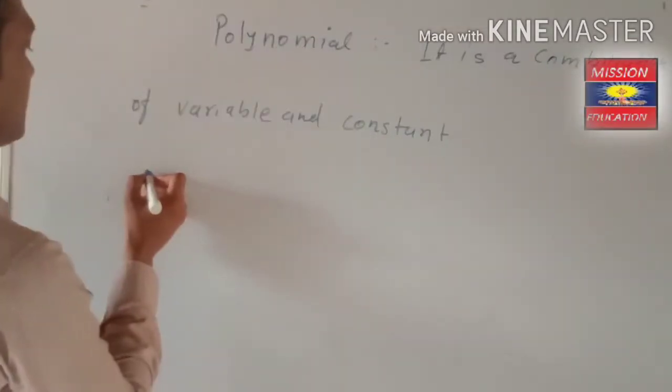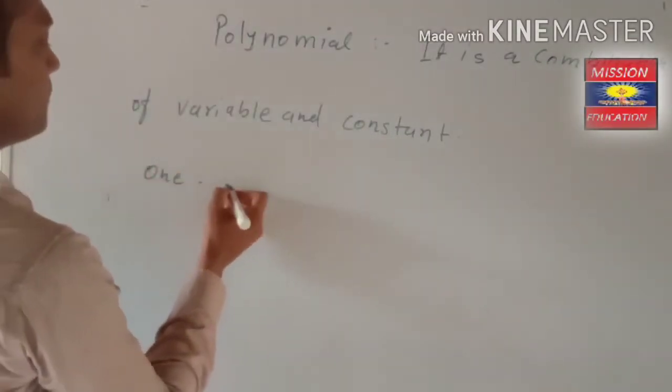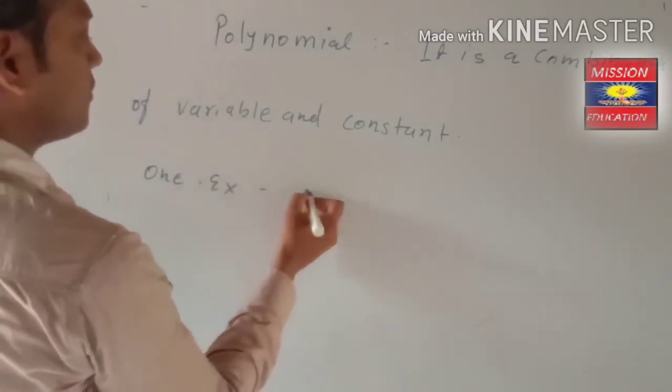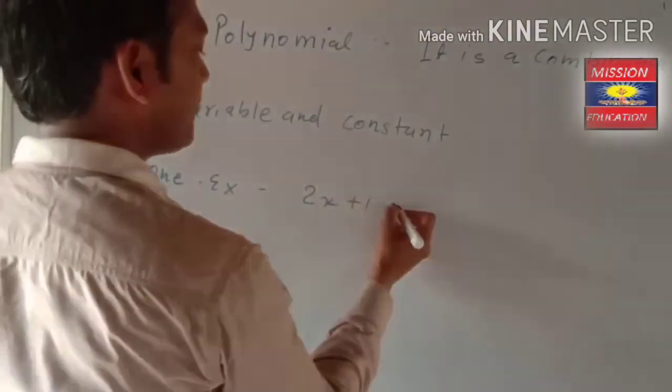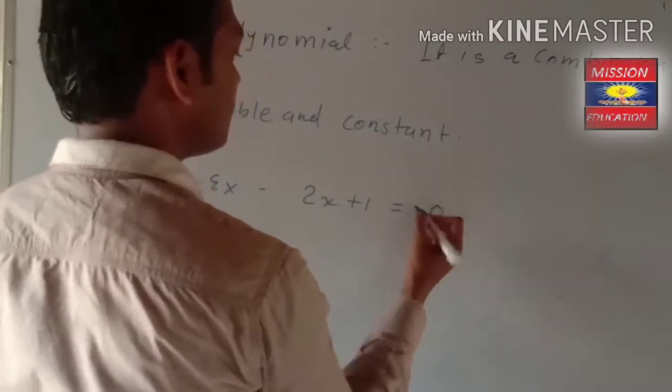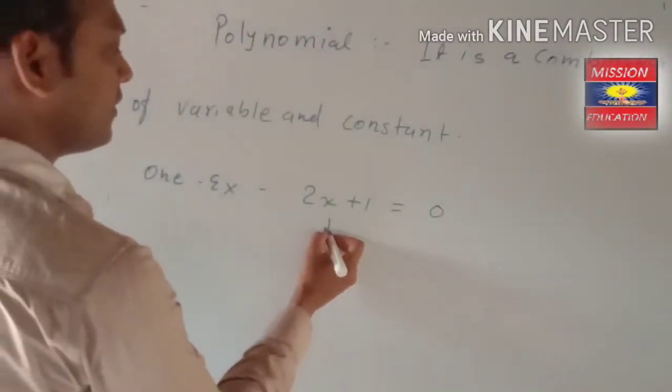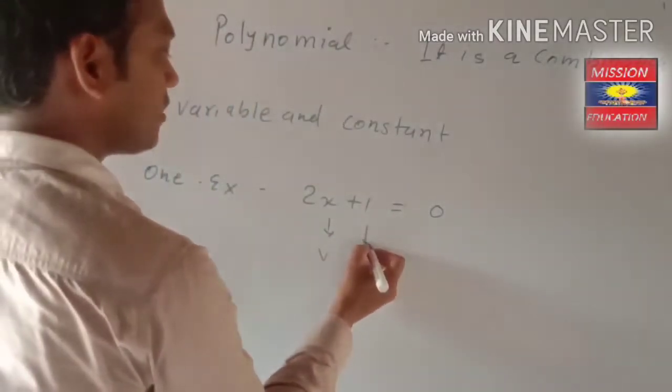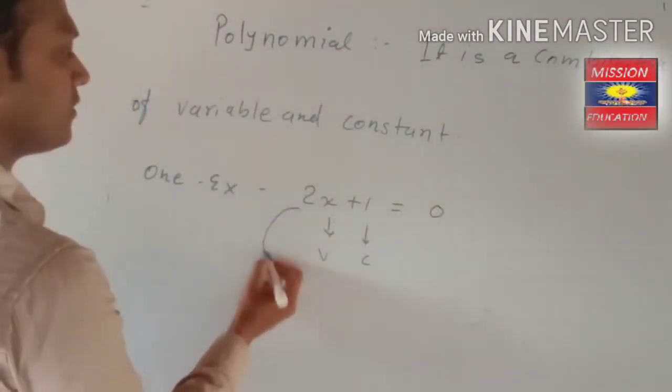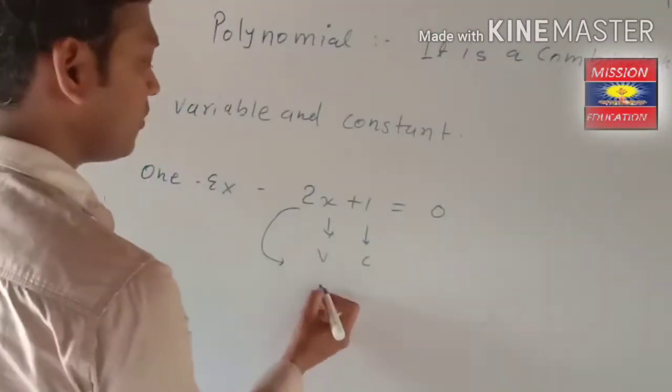We can take one example: 2x plus 1 equal to 0. X is a variable, 1 is a constant, and 2 is the coefficient.